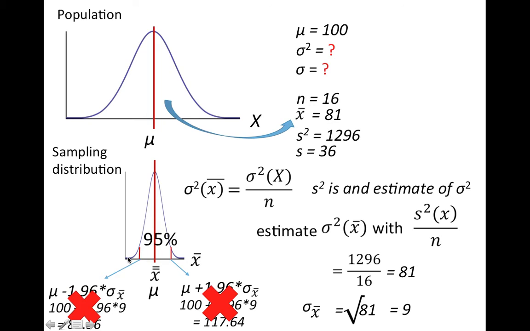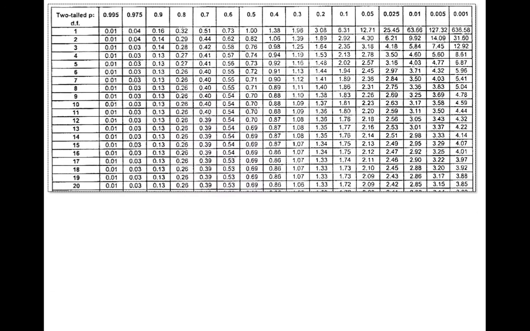And how much wider, you might ask? Well, we find the answer to this by introducing the t-factor. And we will now take a look in the t-table. You should have received a t-table that looks something like this. In this table, you have a lot of t-values for different p-values or probabilities and different degrees of freedom.